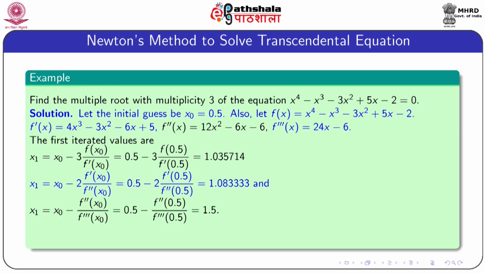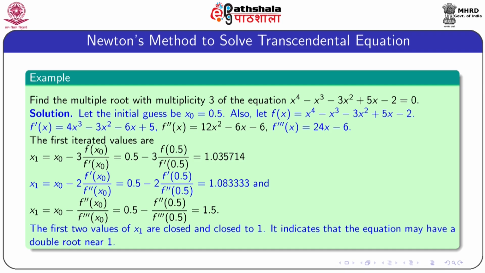The third value, x1 equal to x0 minus f''(x0) by f'''(x0), this is the third formula, and its value is 1.5. So, note that the first two values are very close and close to 1, and this indicates that the equation may have a double root close to 1.